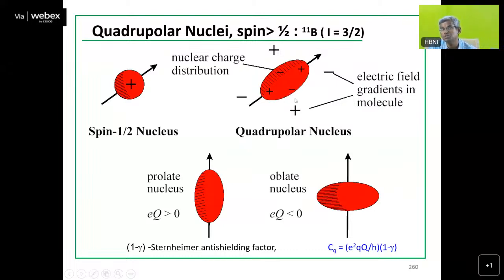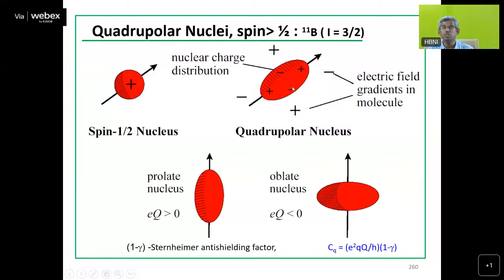This region will be more negative and this region more positive. A polarization develops because nuclei will always sit in an electric field gradient, correct? Because we have different coordinations: tetrahedral, octahedral, trigonal, cubic, 10 coordination, 12 coordination. As the coordination environment changes, the electric field gradient changes, and that will have an effect on the charge distribution at the nucleus.